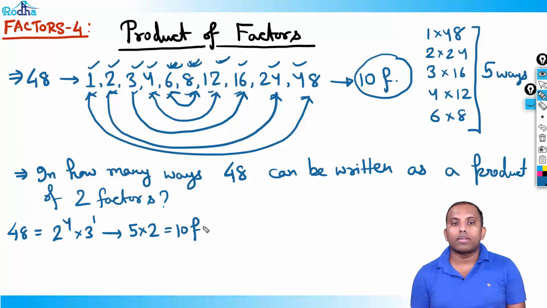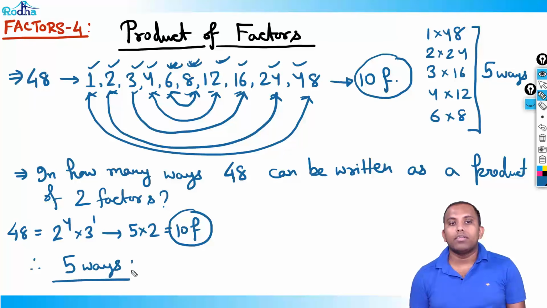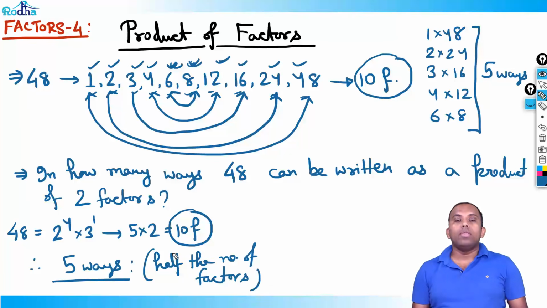Total there are 10 factors. If there are 10 factors, there will be 5 ways, just half the number of factors. Very important concept.